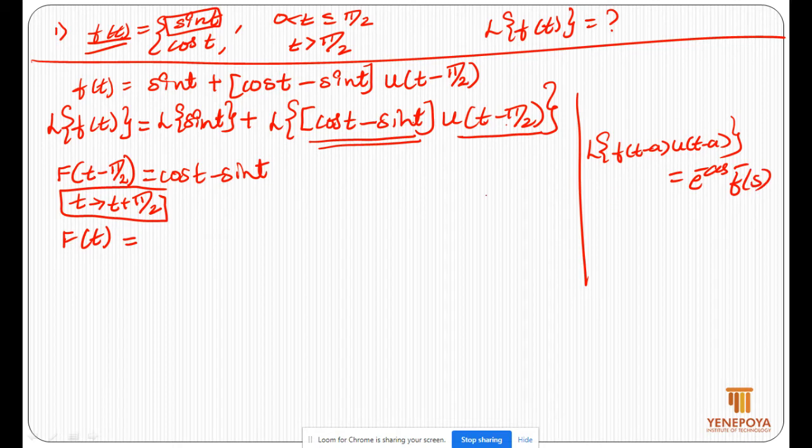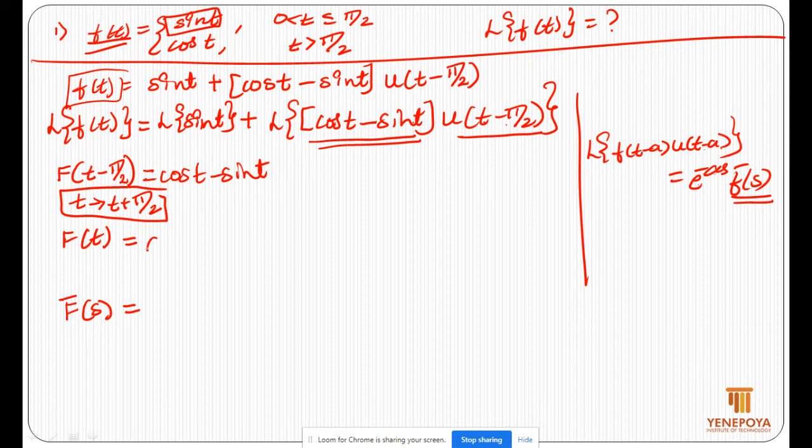Here capital F instead of small f is used because small f is already used for the main function. So I use capital F of t minus pi by 2 into u of t minus pi by 2, that is e power minus as F bar of s. I need capital F bar of s in the later steps.